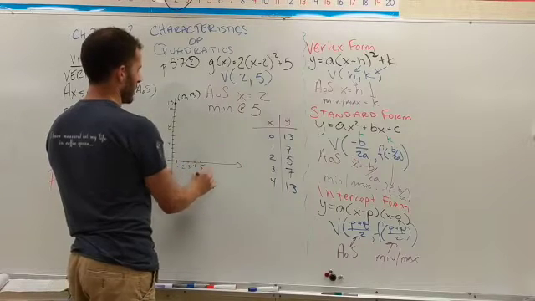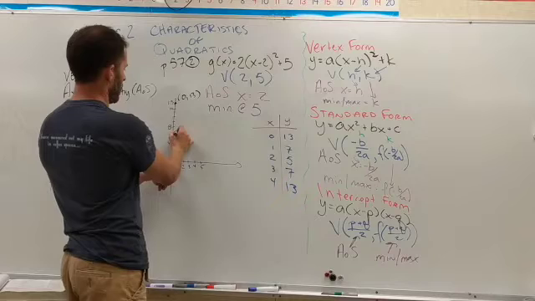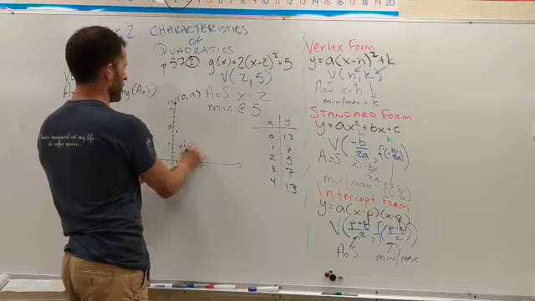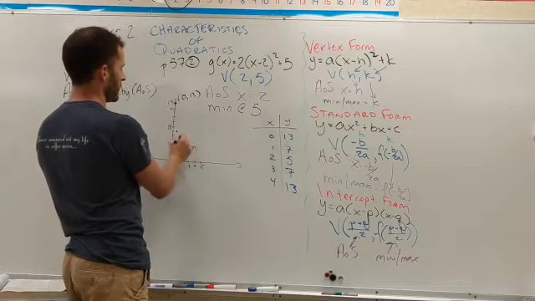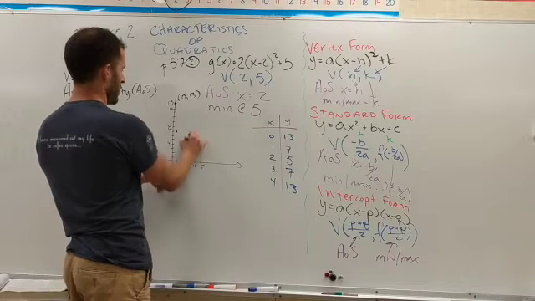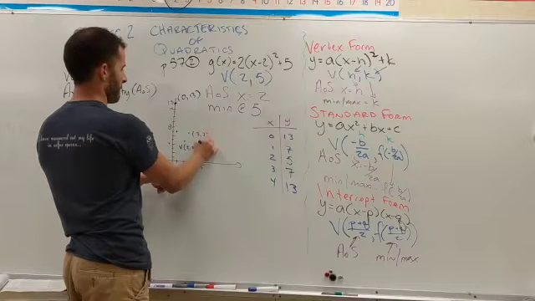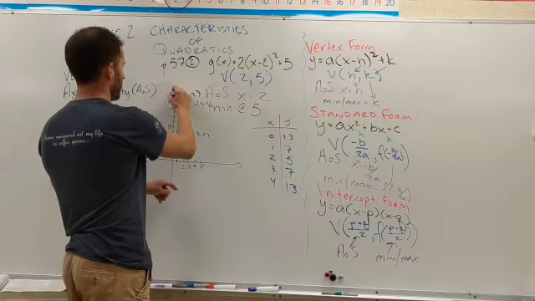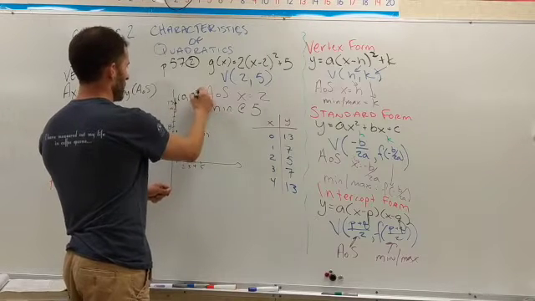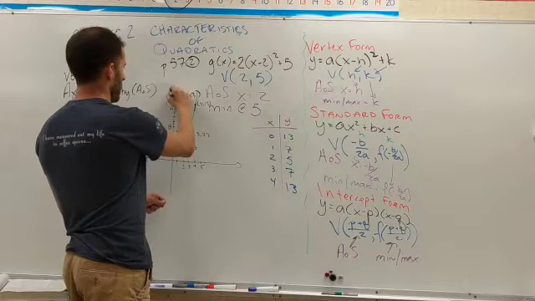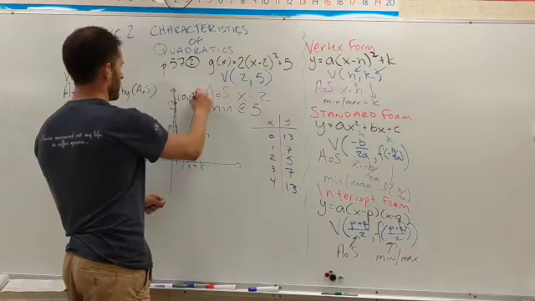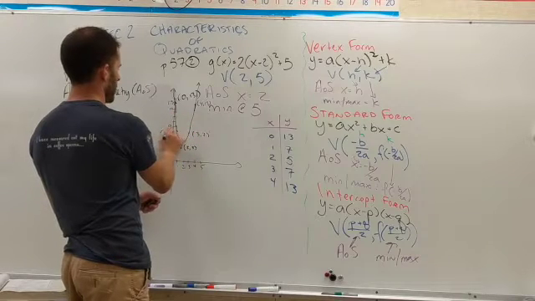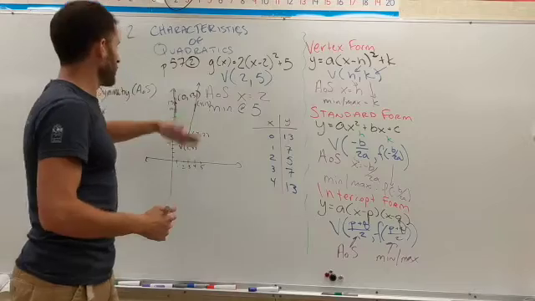I know this isn't very neat, and I know you do a better job than me. (1, 7), (2, 5), don't forget the parentheses, (3, 7), and (4, 13). Try to be neat. I'm way better on paper than I am on the board when it comes to parabolas. I also forgot a point right here, (1, 7). So yeah, here's my parabola.